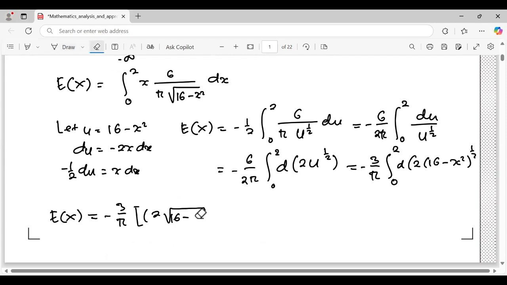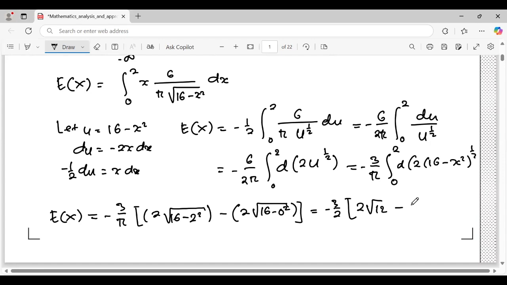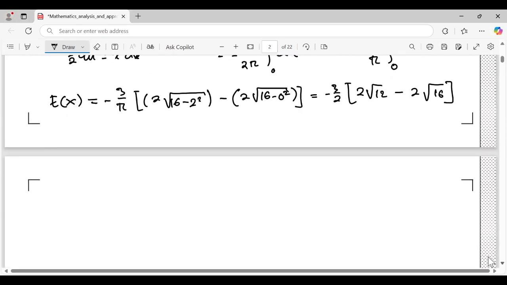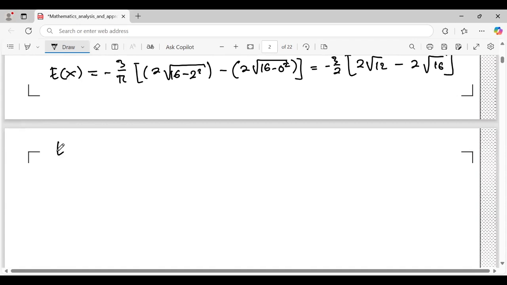So substitute 2 and 0: 2 times square root of 16 minus 2 squared, minus 2 times square root of 16 minus 0 squared, minus 3 over pi times this one.